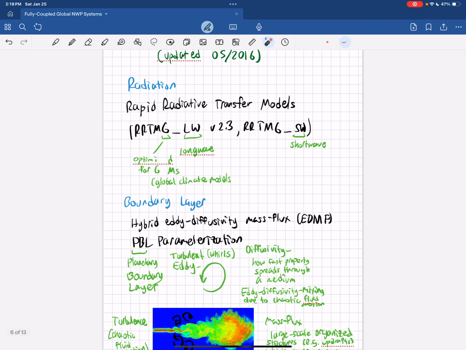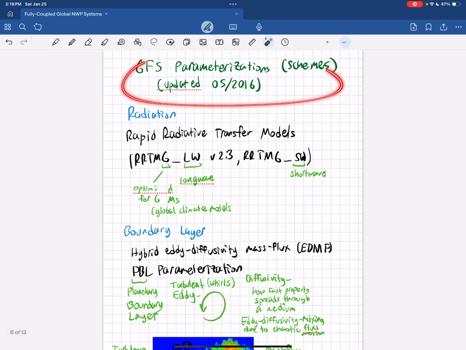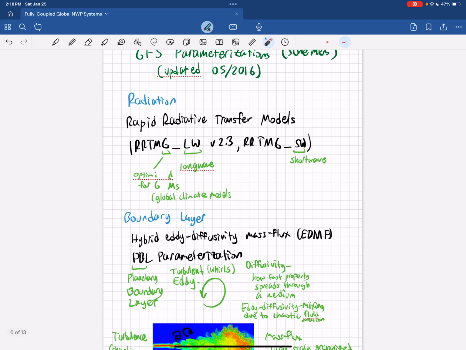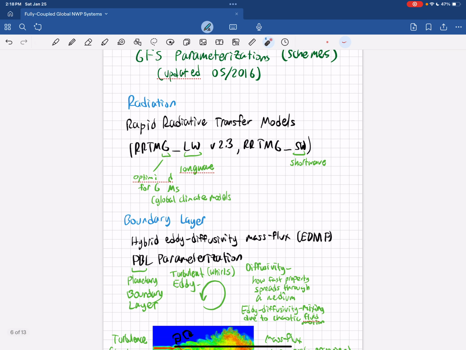Now for GFS, based on my research updated in 2016, this is what I believe is currently being used as of 2016, and there may be other ones that I haven't listed, but it is as far as I could find. So for radiation, they use rapid radiative transfer models, which are termed RRTMG LW and SW.